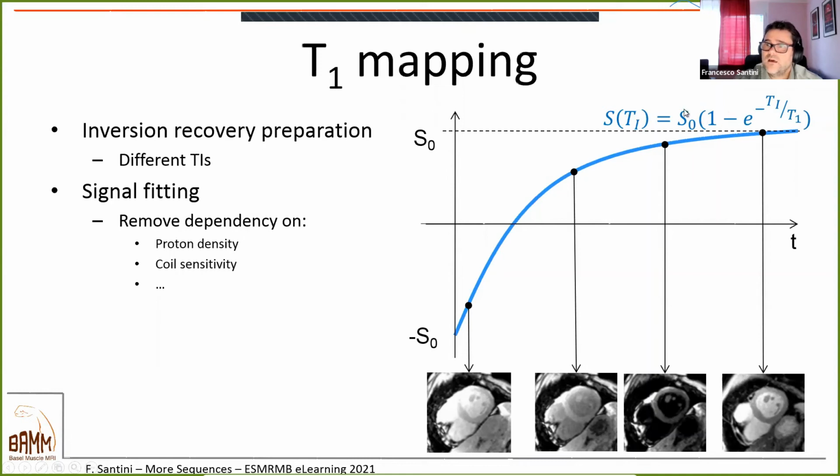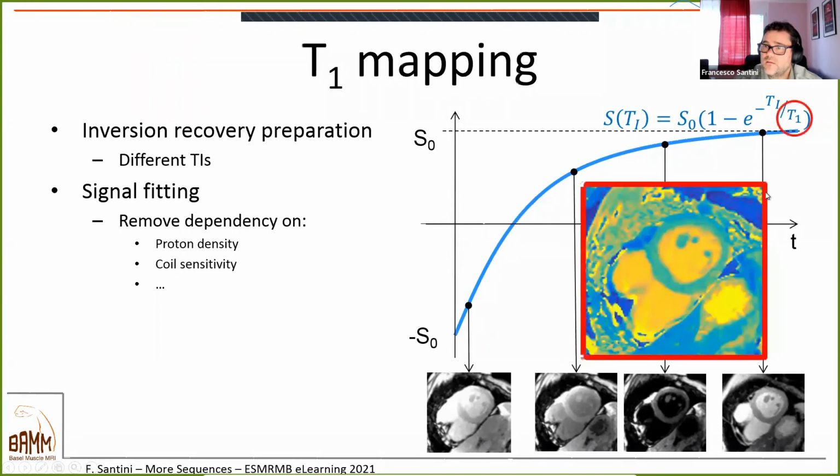But by acquiring multiple images where we only vary TI, we can fit our T1 map using, well, basically just simple nonlinear fitting algorithms. And then we obtain this map. And when we measure the value of each point in this map, this will correspond to the T1 value of this tissue.